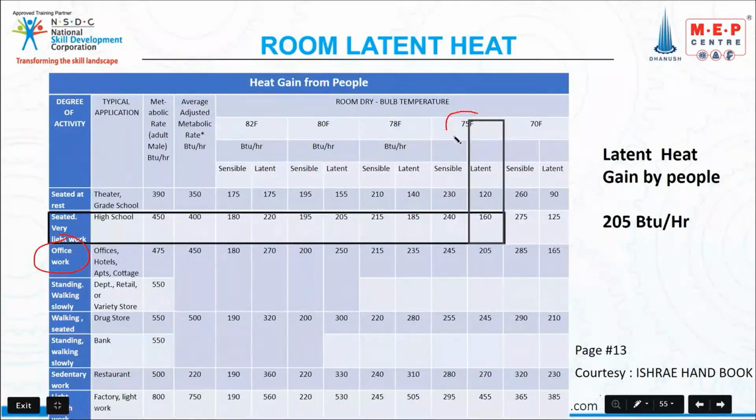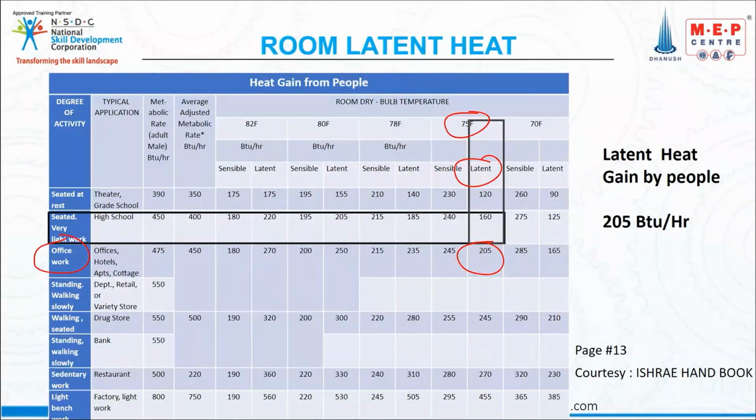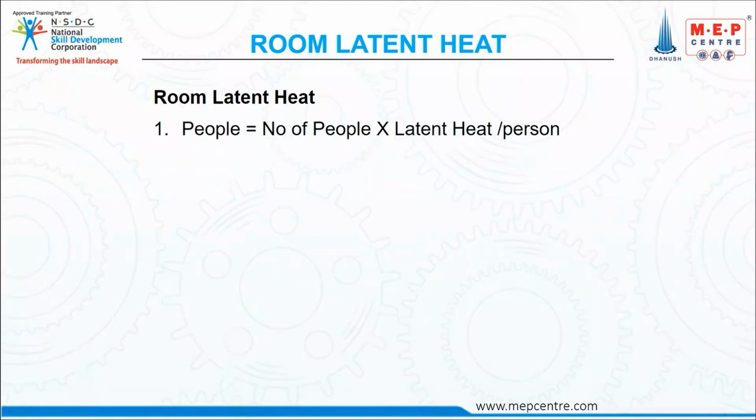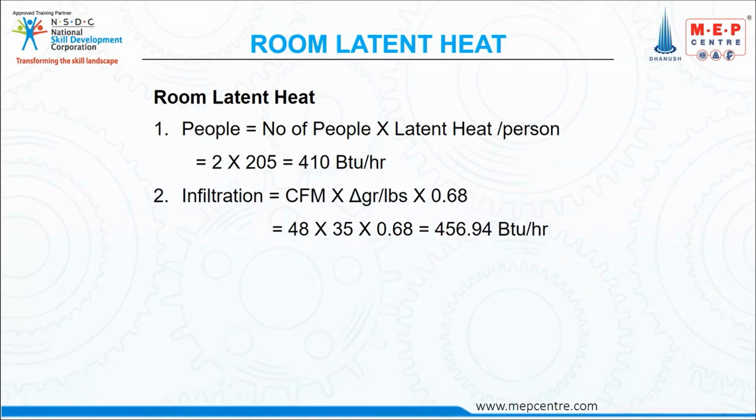Room dry bulb temperature as 75, room latent heat. What is the value? 205 BTU per hour. Now, people: number of people into latent heat gain per person. 2 into 205, which is 410 BTU per hour.